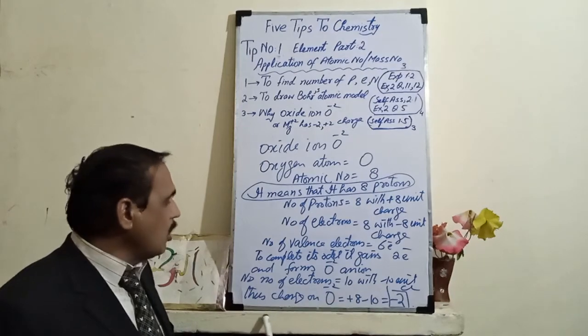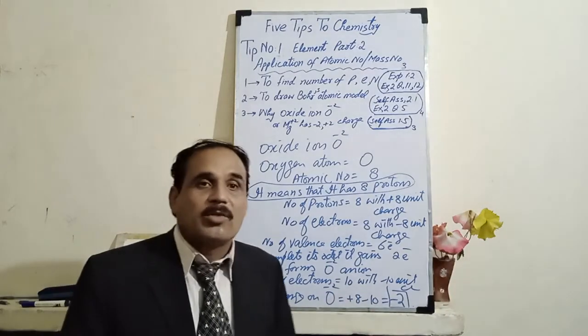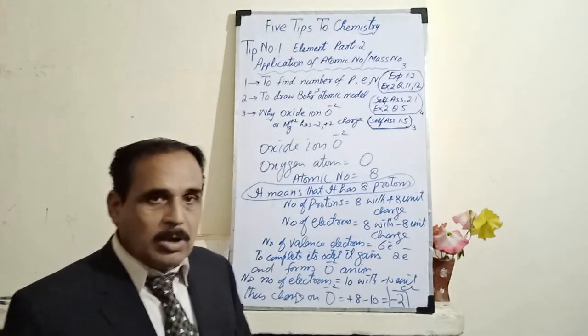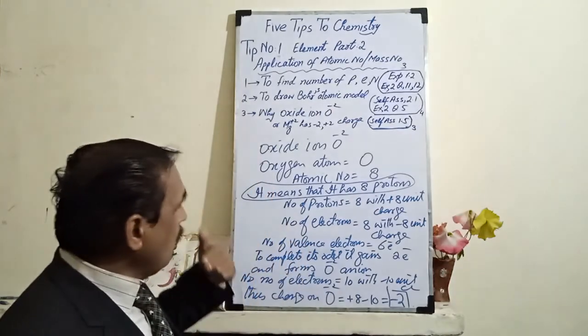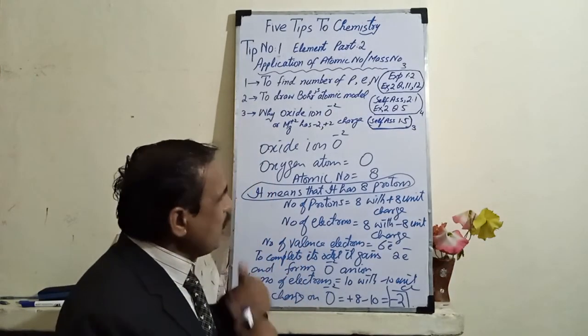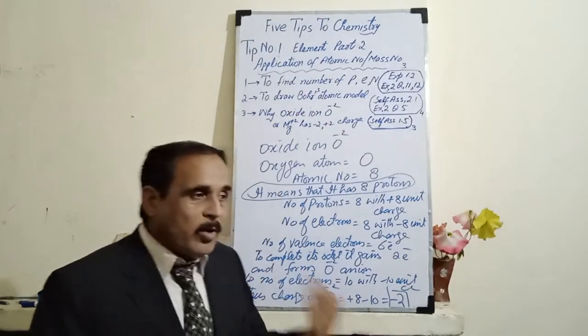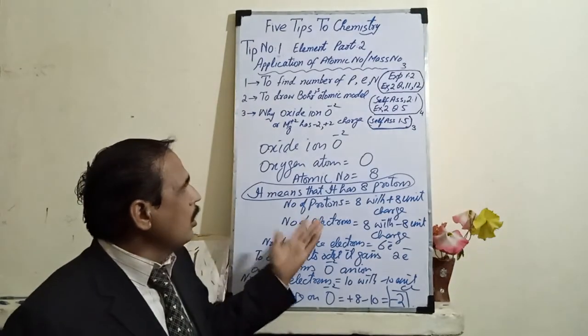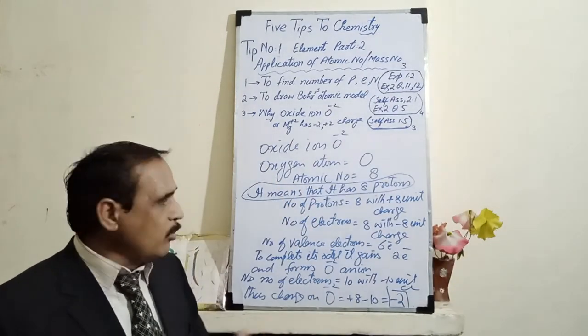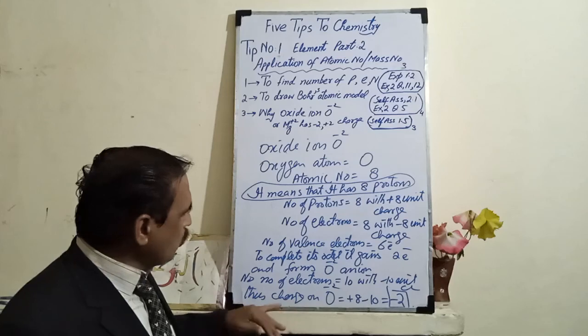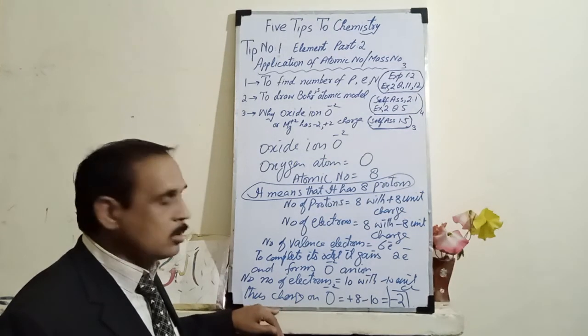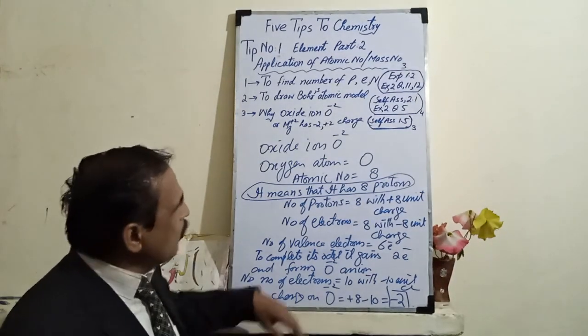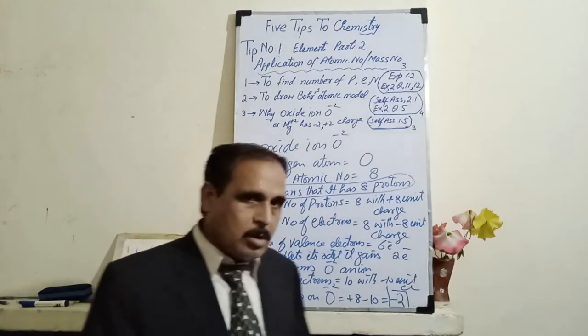So charge on oxide ion is equal to minus 2. In this way, we can learn any type of ion, why it has a charge plus 1, minus 2, etc. You can also draw it with the help of Bohr atomic model.